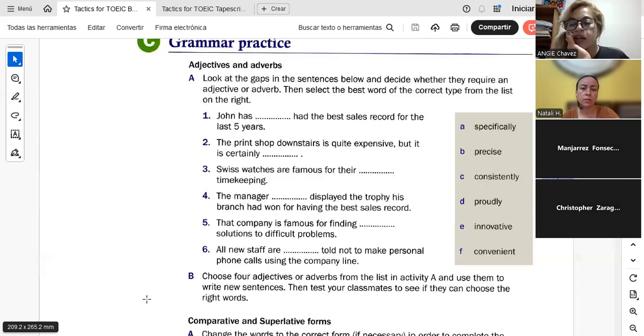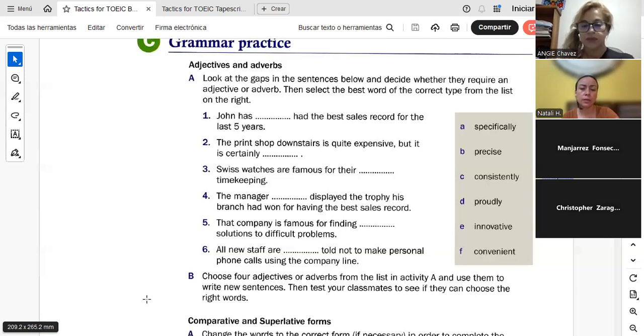Number 3, letter B. What is it? Precise. For the precise timekeeping. Correct. What about for the manager? I think that is proudly. Proudly display the trophy his branch had won for taking the best sales record.